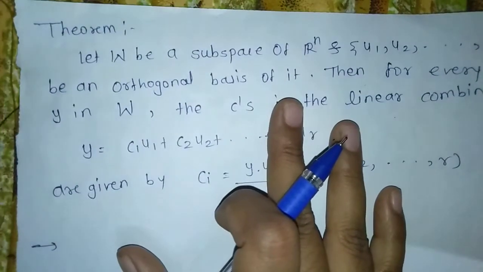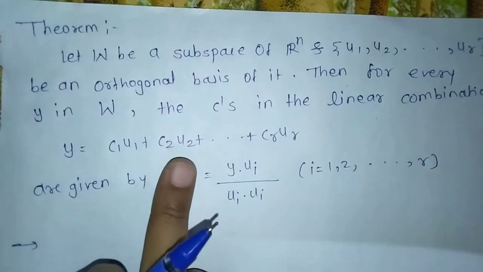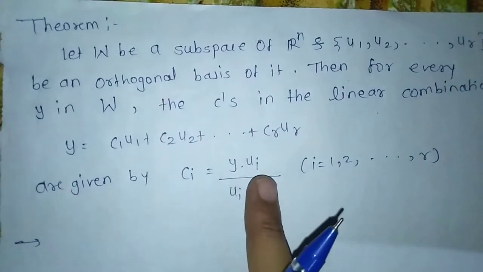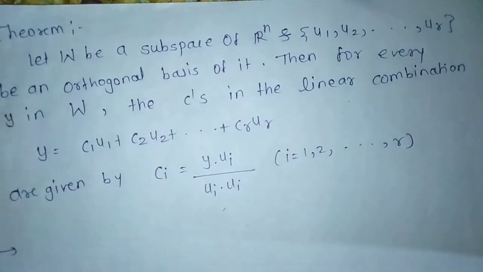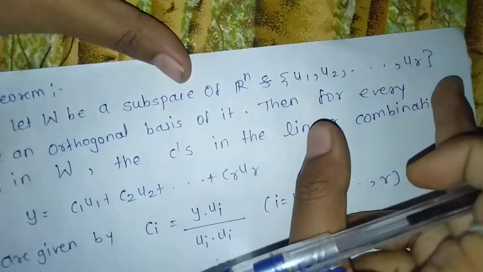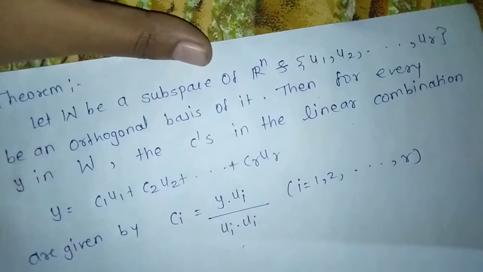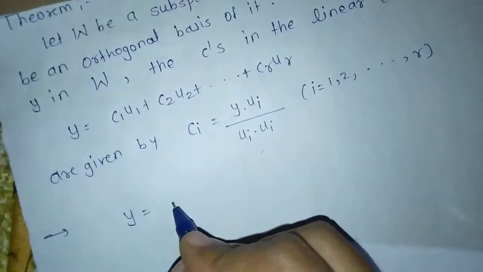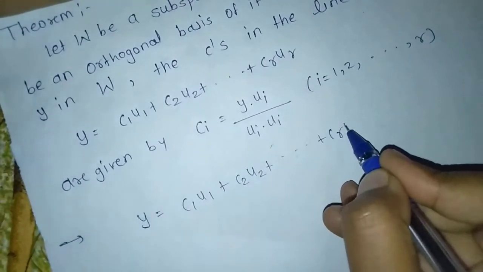Then for every y in W, the C's in the linear combination y is equal to C1 U1 plus C2 U2 plus and so on plus CR UR are given by Ci is equal to y dot Ui upon Ui dot Ui, i running from 1 to R. So first, W is a subspace of Rn and this set is an orthogonal basis of it. Then for every y in W, because W is a span of this, y is a linear combination C1 U1 plus C2 U2 plus and so on plus CR UR.